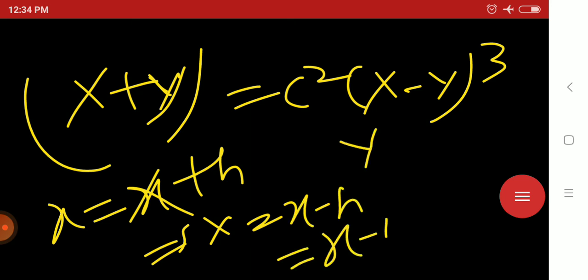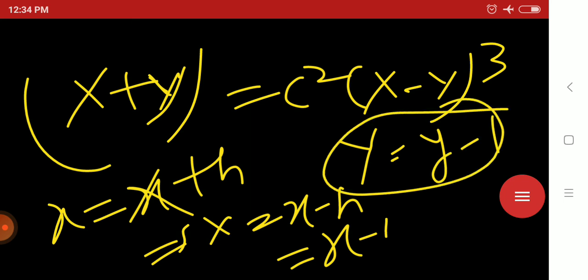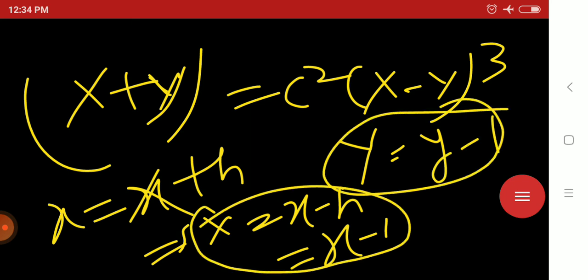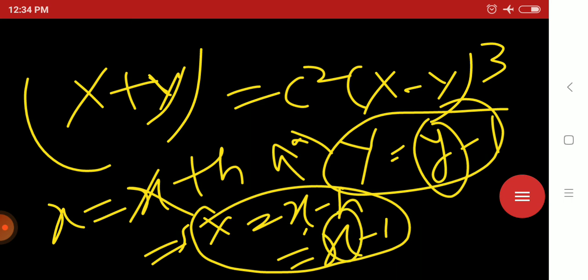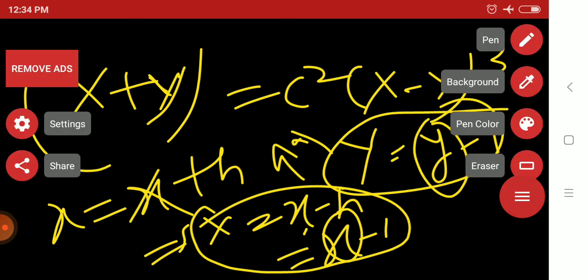Similarly, capital Y equals y minus 1. Now put capital X equals x minus 1 and capital Y equals y minus 1, because our problem is in the old variables, small x and small y, and we are working with the new variables, capital X and capital Y. So we have to do that now.